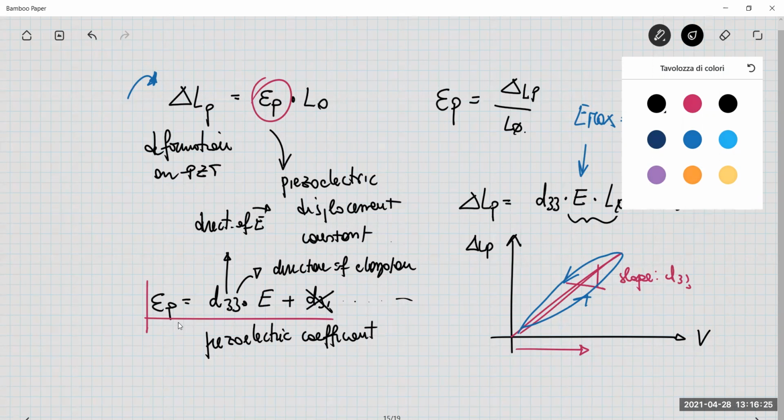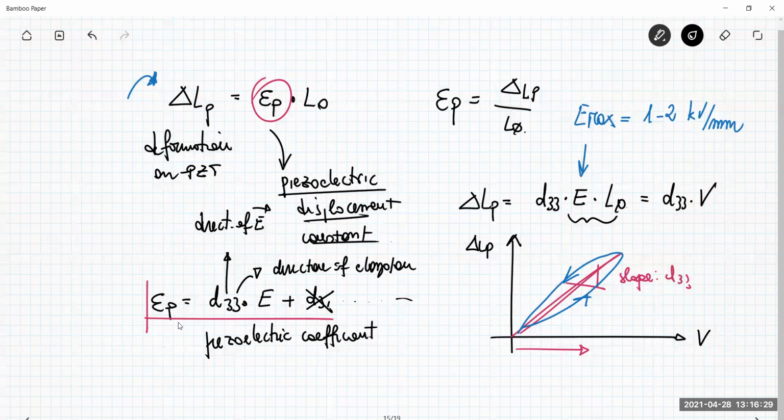We can say that this piezoelectric displacement coefficient, which is exactly the ratio between the two, is about 0.1%. So it means that if you have a 100 millimeter length L0, then your delta LP is 0.1 millimeter. So it is very short.